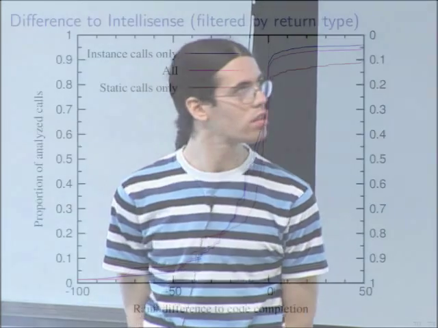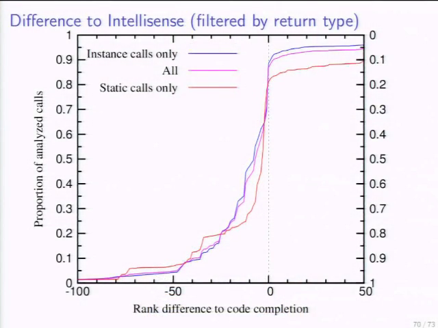But the next graph is actually relevant, because often I know what I want, but I don't know how to get it. So I need a text writer, but I can't just new up a text writer because it's abstract. There's this complicated thing I have to go through to get a text writer. So this would help me, because I could say, here's a string and I need a text writer. As long as you're willing to write text writer.